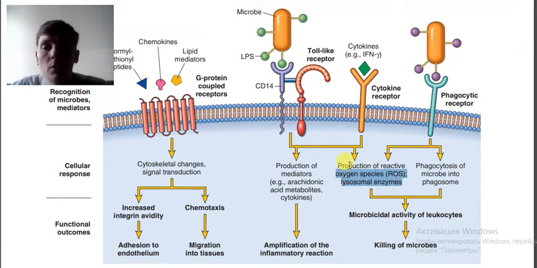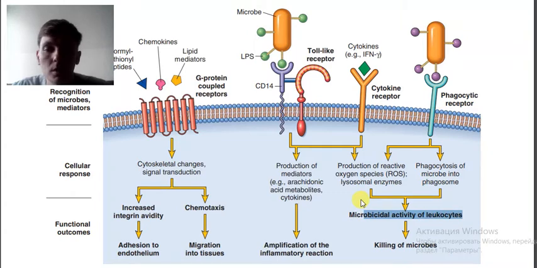So our cells get activated to digest these residues of cells, or maybe bacteria or any offending agent, and it also leads to production of mediators, metabolites of arachidonic acid and cytokines, and it causes amplification of the inflammatory reaction. Additionally, interferon gamma, as I said, produces reactive oxygen species and lysosomal enzymes to kill bacteria, and later it causes microbicidal activity of leukocytes.